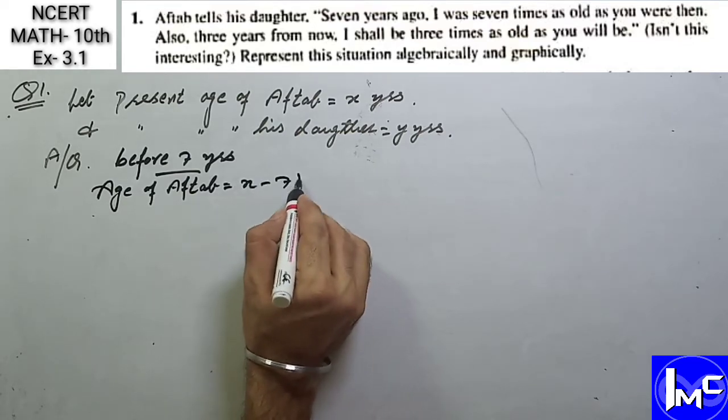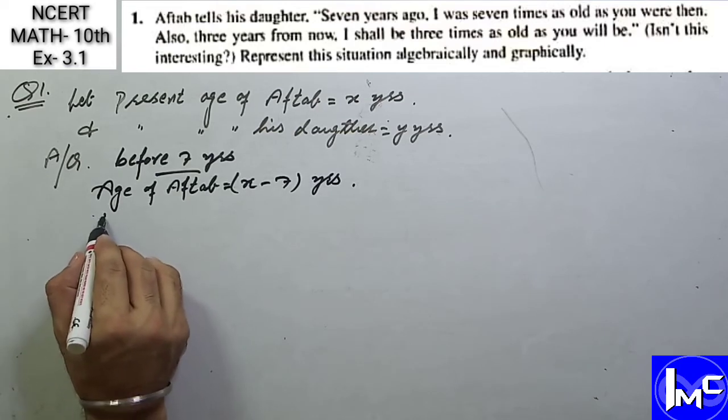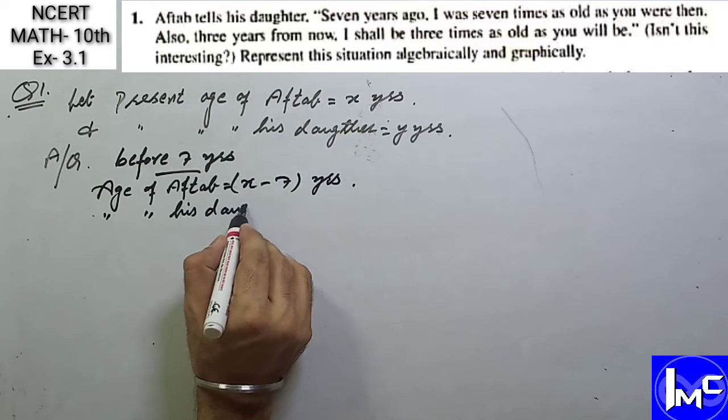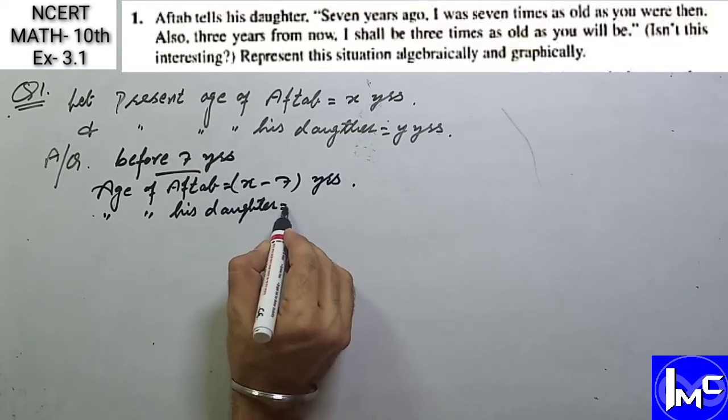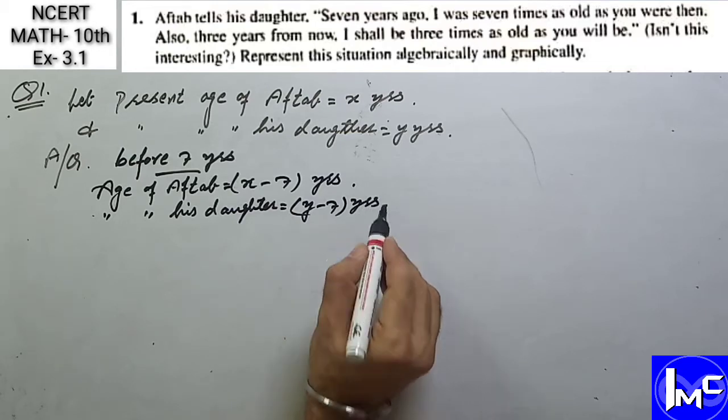Age of Aftab will be x minus 7 years. Age of his daughter will be y minus 7 years.